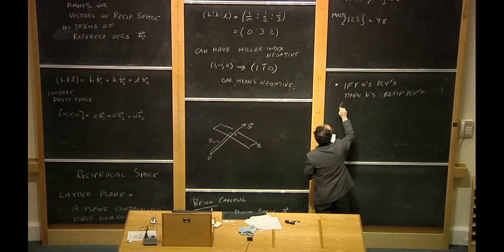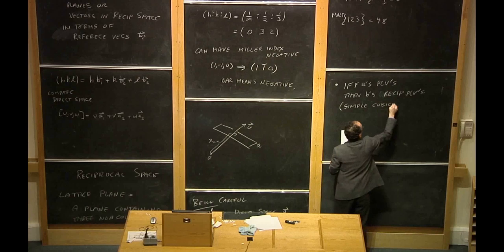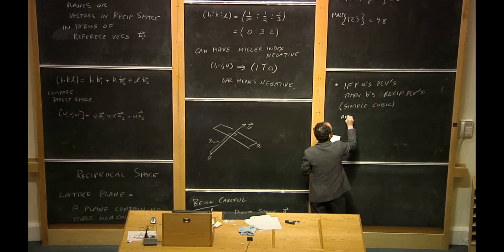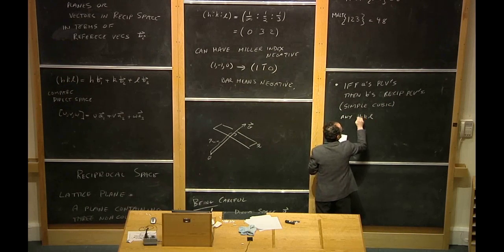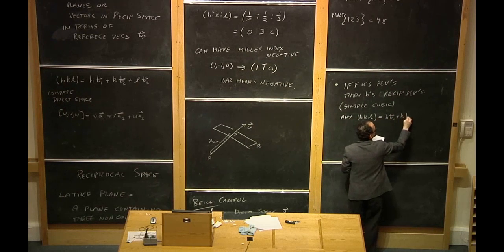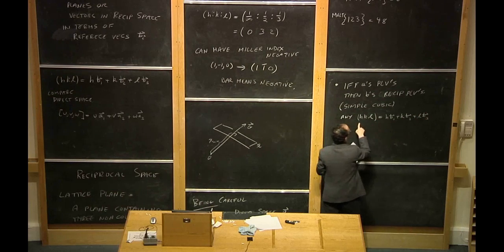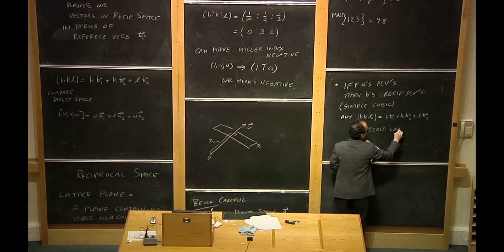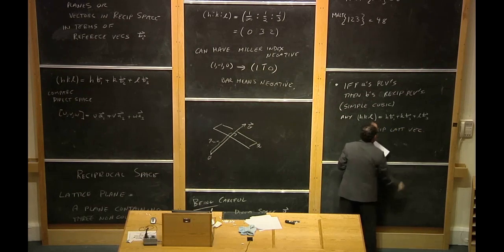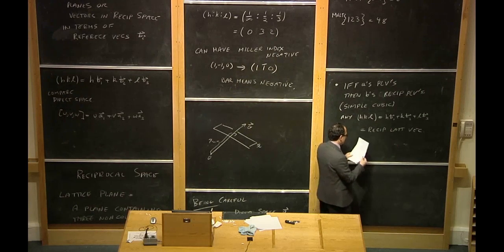For example, this is true for simple cubic, which means any HKL, h B1 plus k B2 plus l B3, is the definition of HKL. So any of these is a reciprocal lattice vector, because integer sums of primitive lattice vectors give you an element of the lattice.